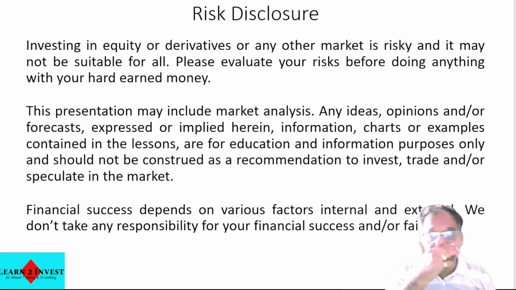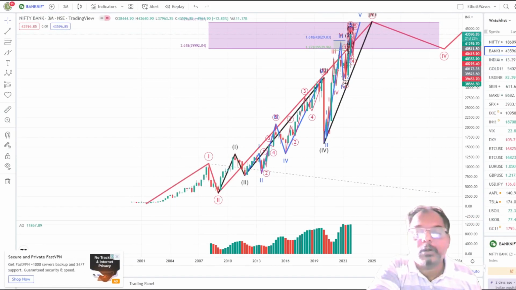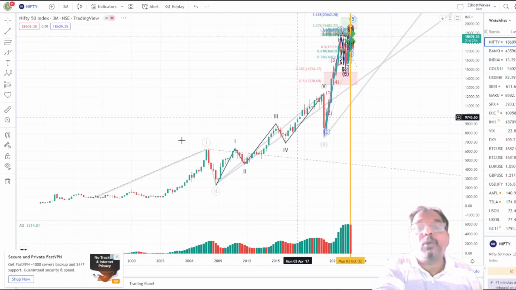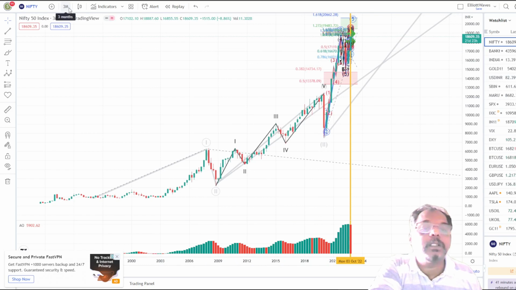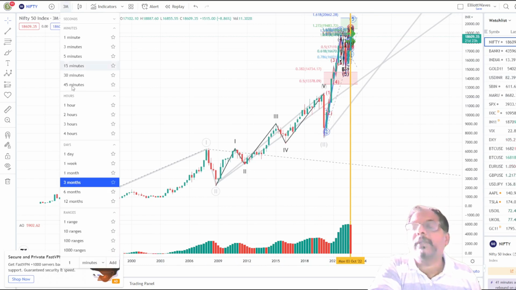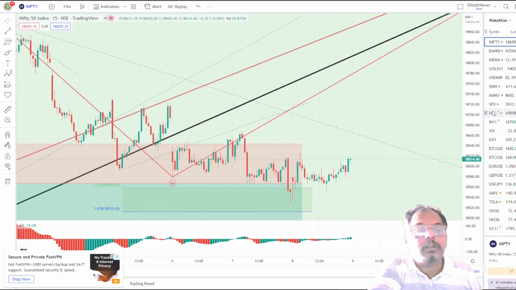Perfect. So with that out of our way, let's quickly go and check out the Nifty chart. Oh yes, I'm going to be showing Bank Nifty today. I'm going to be talking about the Elliott Waves for Bank Nifty. But anyways, let me just go to the 15-minute chart on Nifty before going to the Bank Nifty.